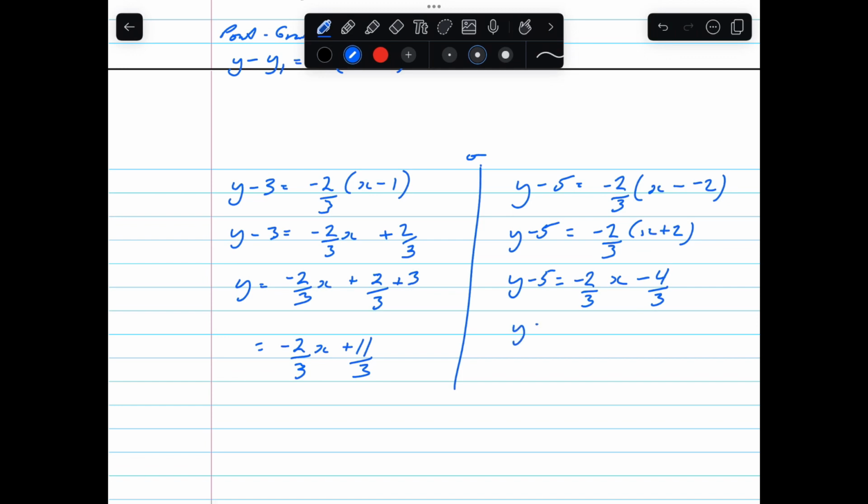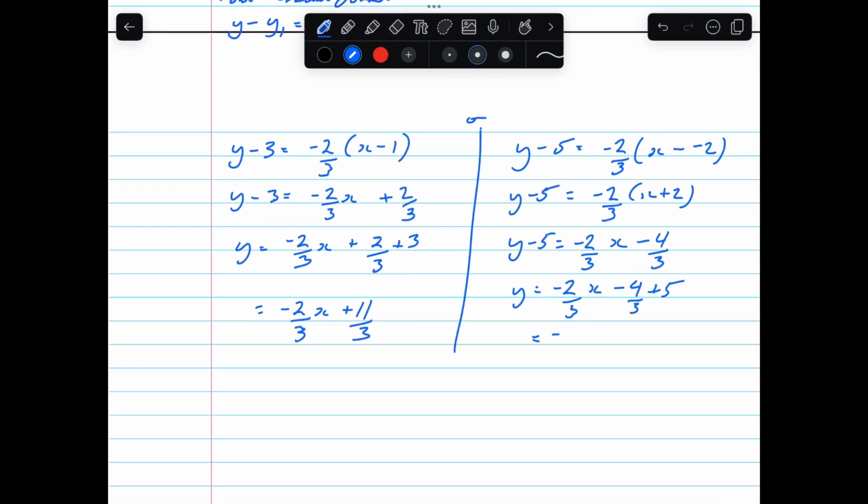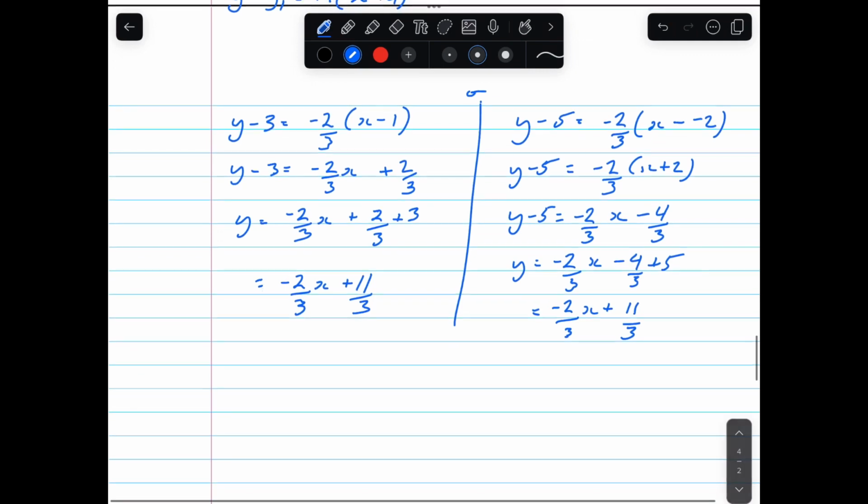Alright, being careful with our signs. Now we add 5 to both sides. And again, we can put the constants over a common denominator, and we get 11/3. So we have the exact same equation.